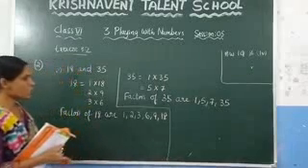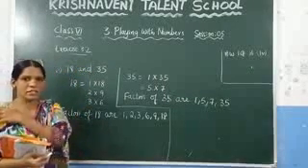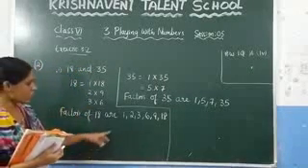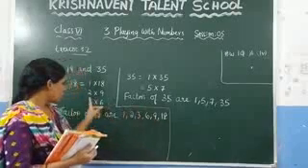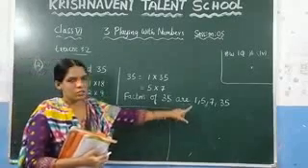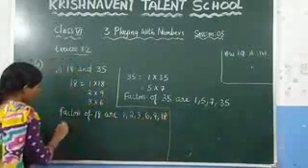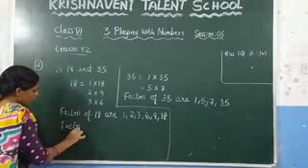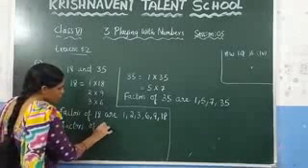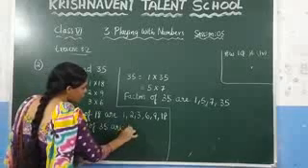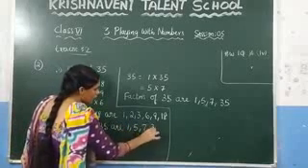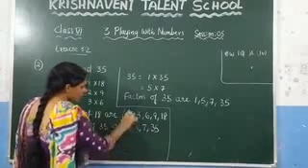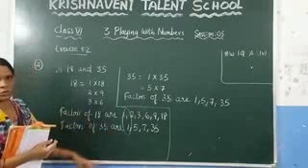Now you need to observe whether you are getting 1 as the common factor or not. Here you can observe that these are the factors of 18 and these are the factors of 35. Here you can observe that 1 is the only common factor between these two numbers.